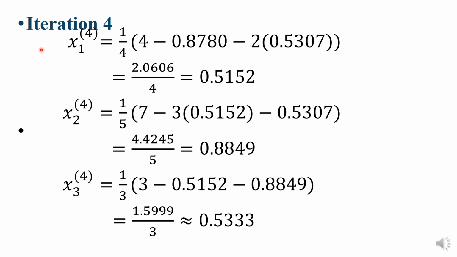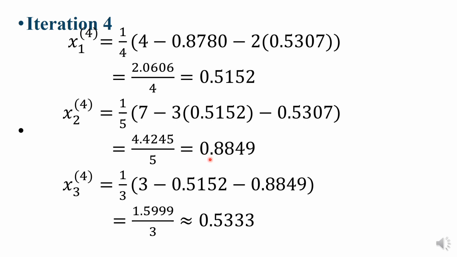But I have also found iteration 4. In iteration 4 we put these values, and after the simplification we divide by 4, we get 0.5152. For x2, we put these values which we have found for x1, then after the simplification we get 4.4245 divided by 5.